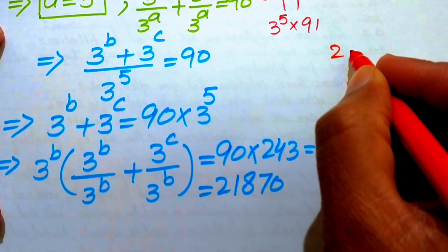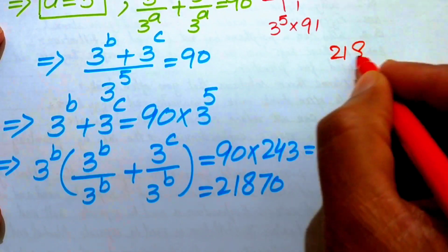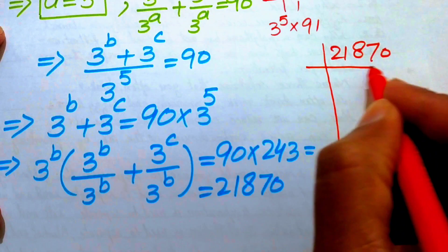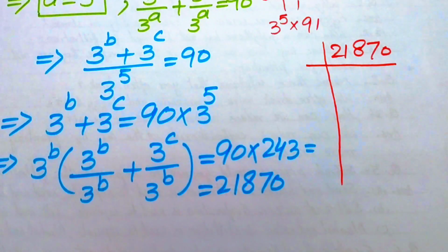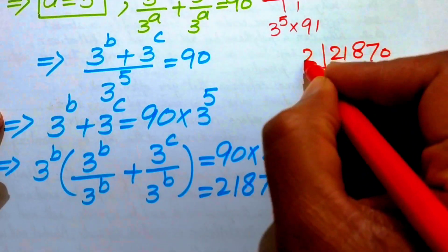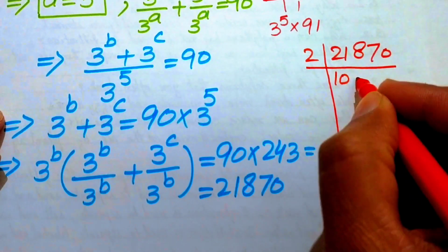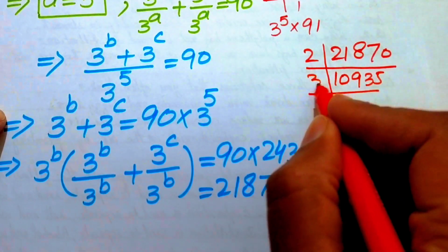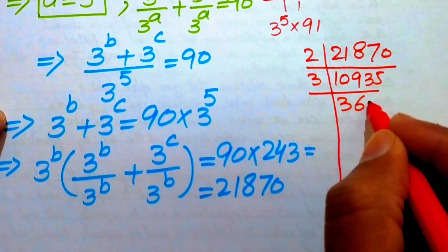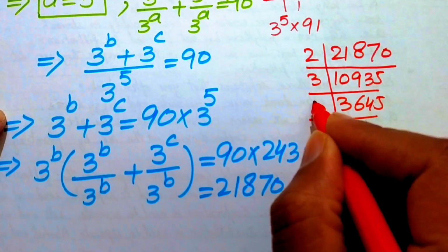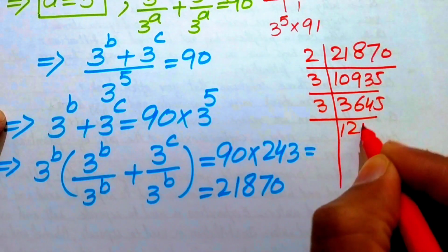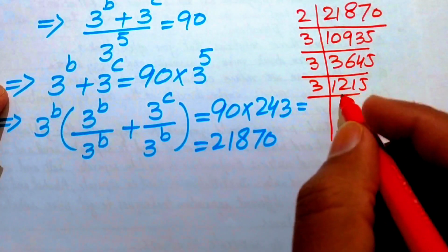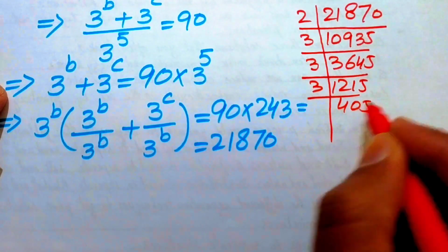So now we again make the prime factors of this expression. So here we write 21,870, and we will make the prime factors of this expression. So we easily divide it by 2, then you get 10,935, and when we again divide it by 3, then you get 3645. When we divide it by 3, then you get 1215. When we divide by 3, then you get here 405.